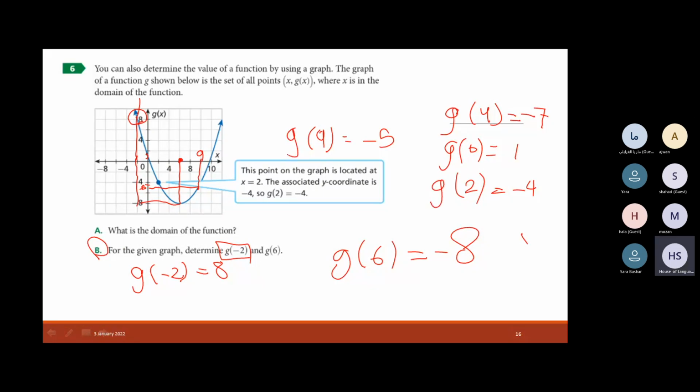Is it clear now? Yes. Are you sure? Maria, what's your question? Teacher, I still don't get why, if you put g of 4, why did you get negative 7? Why not another number? Now here is 4.